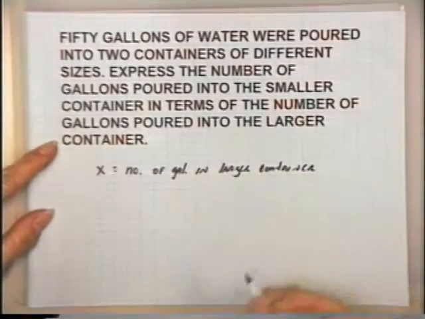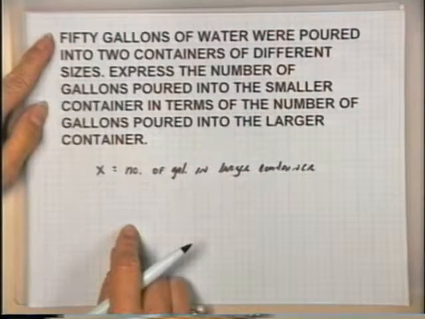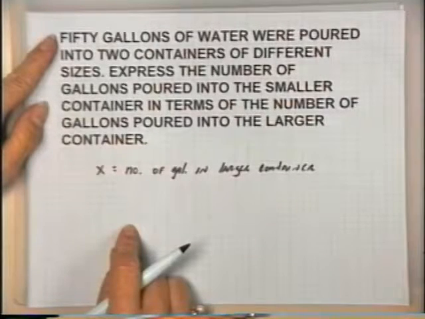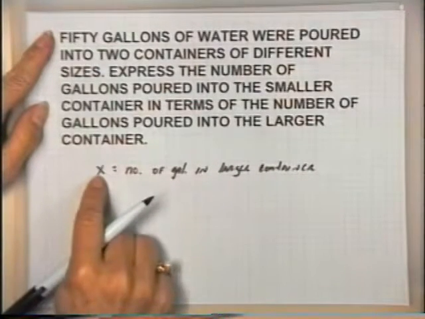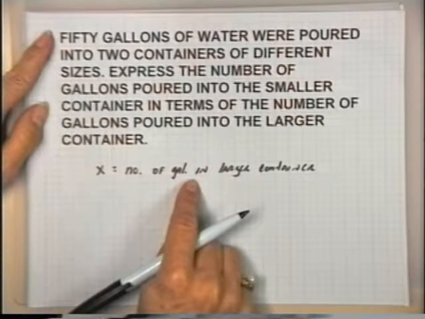Having made that choice, let's go back up here. What do we know? We know that we had 50 gallons of water. Now this 50 gallons would be a what? That would be a total. So if our total amount of water is 50 gallons, and x is the number of gallons that we pour into the larger container, how would we express the number of gallons that would be poured into the smaller container?